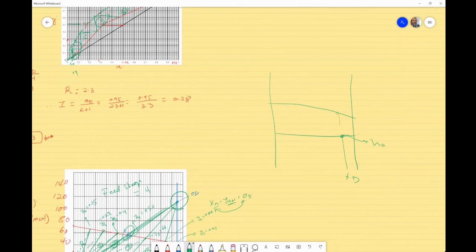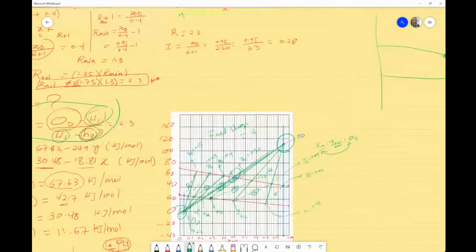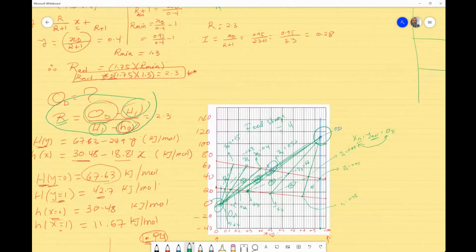And going up here gives you H1, which is at Y equal XD. You get it from the graph after drawing it. Once you get these two values, you go back to this equation and determine QD.